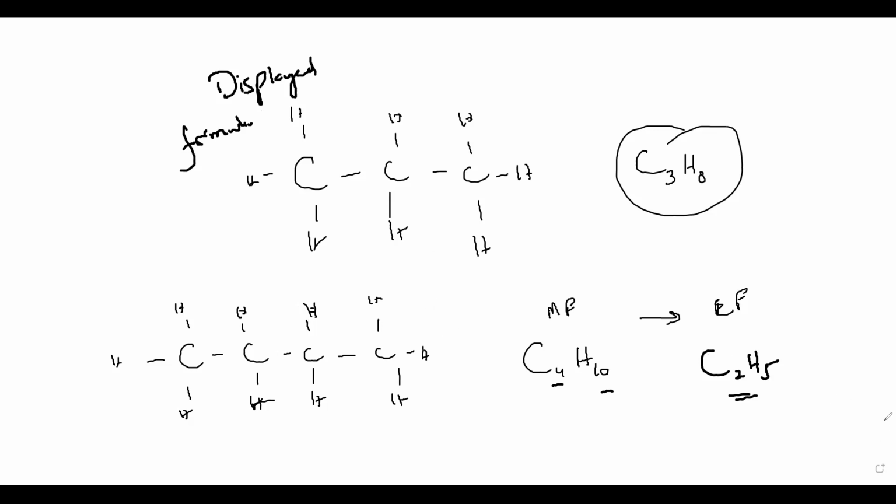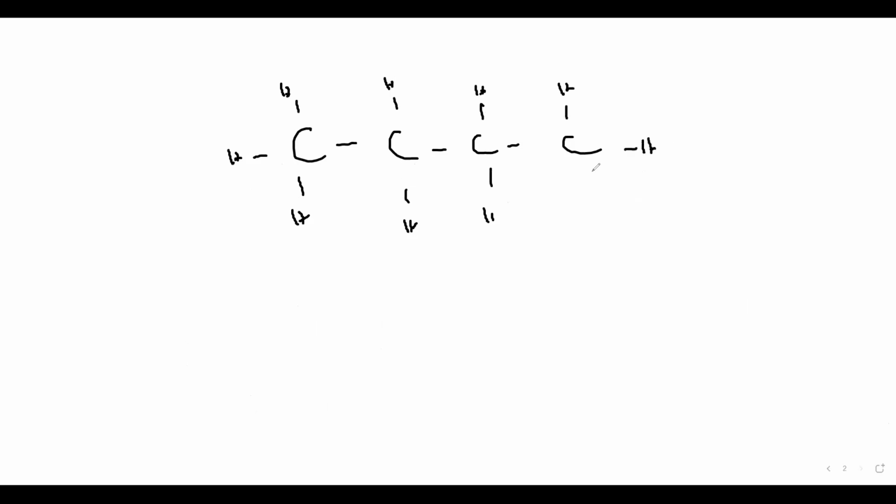When I represent all the bonds, 4 carbon atoms are there and there are 10 hydrogen atoms. So this is called a displayed formula. This is called a molecular formula, which represents the actual number. The empirical formula represents the simplest ratio, C2H5.